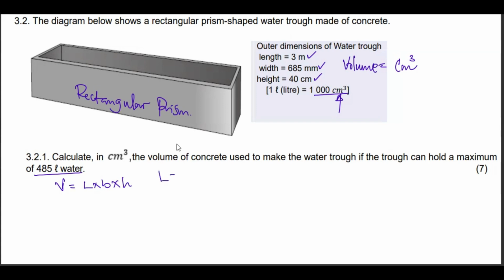So the length was supposed to be 3 meters times 100. You get your answer as 300 centimeters. The width, you need to divide this by 1,000. It's 0.685. Oh, sorry, divide this by 10, you get 68.5. These are centimeters. The height is already centimeters. So we calculate now.